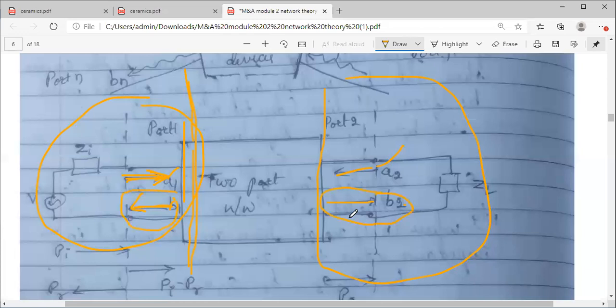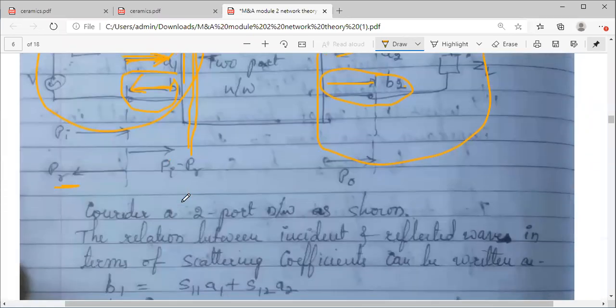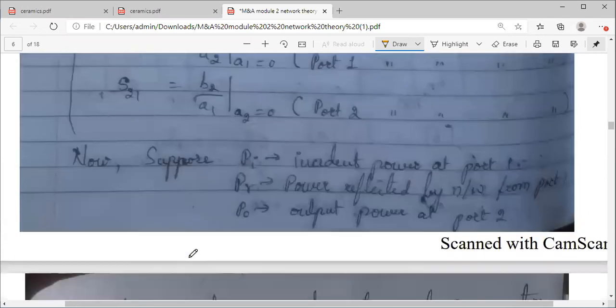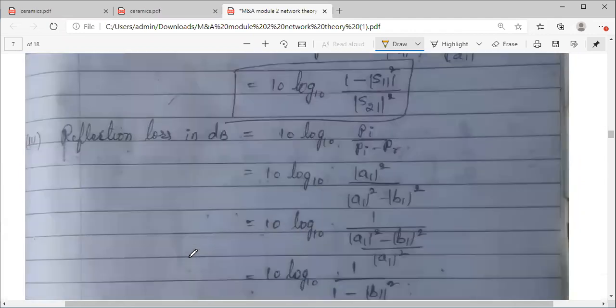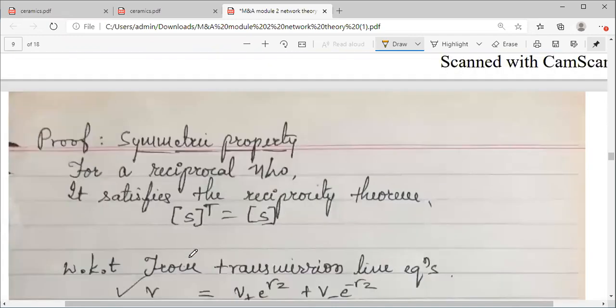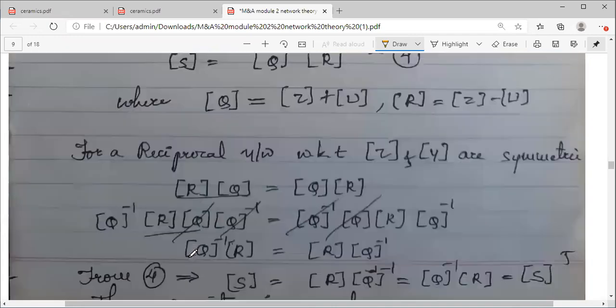If you take a multi-port network, B1, B2, B3, all up to Bn. So An indicates entering power, Bn indicates leaving power. I'm taking one example of a two-port network and I have shown you. The same concept we can extend for an n-port network also. Hope you understood why I have taken power entering equal to power leaving.